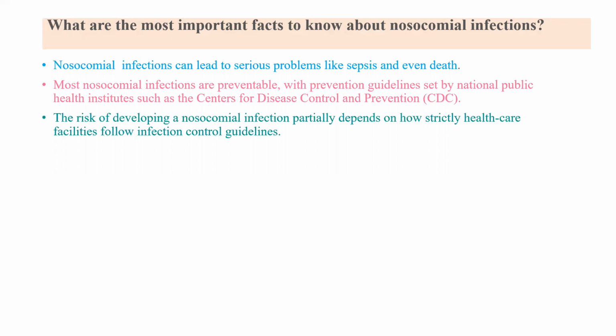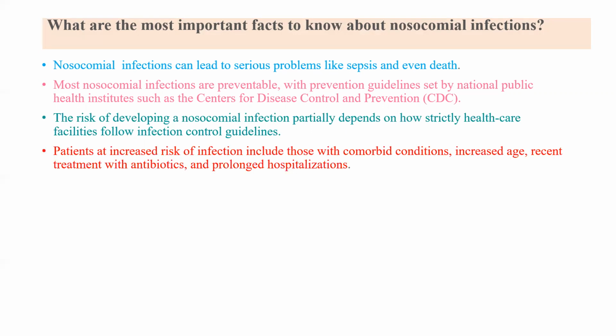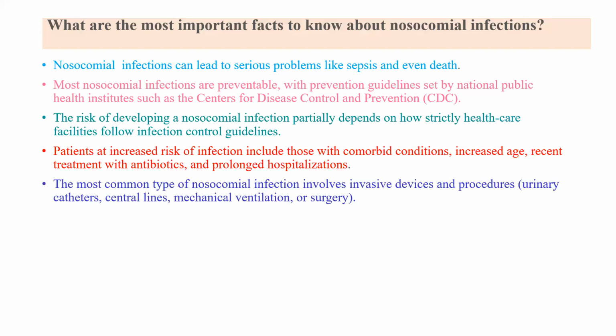The risk of developing a nosocomial infection partially depends on how strictly healthcare facilities follow the infection control guidelines. Patients at increased risk of infection include those with comorbid conditions, increased age, recent treatment with antibiotics, and prolonged hospitalization.